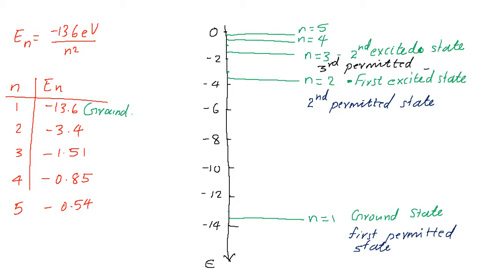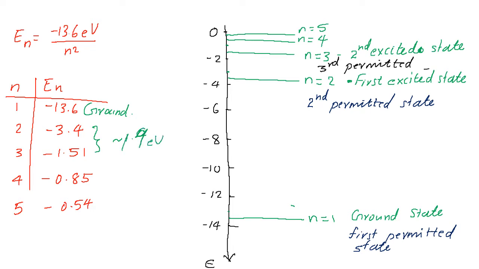Okay, so the energy difference between n equal to 1 and n equal to 2 is roughly 10, correct? 13.6 and 3.4, roughly 10 eV of energy is the difference between the ground state and first excited state. However, the energy difference between n equal to 2 and n equal to 3 is roughly 1.9 eV.